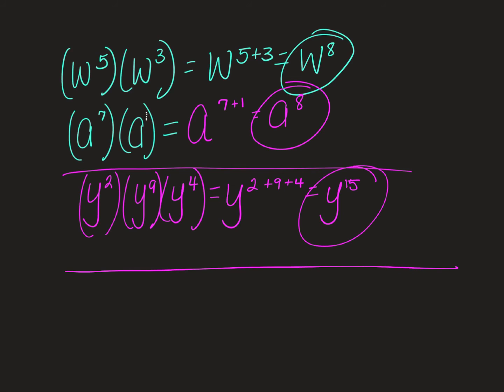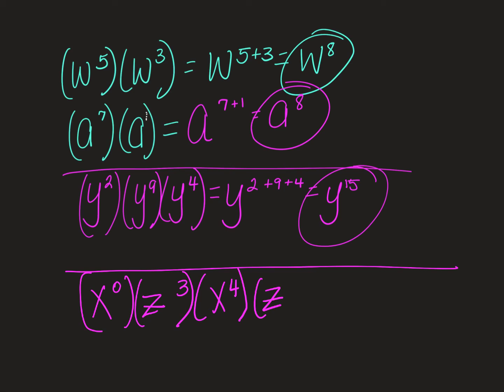I'm going to write another one up here. Let's look at this one. Let's say we have x to the 0 power, and that is not likely, but okay. Make that a z to the 3rd power, x to the 4th power, z to the 8th power. Okay?